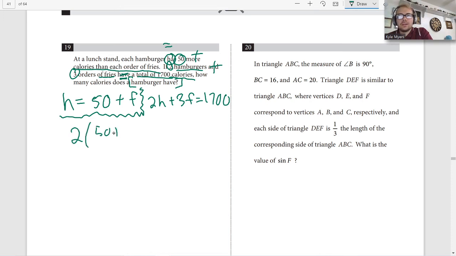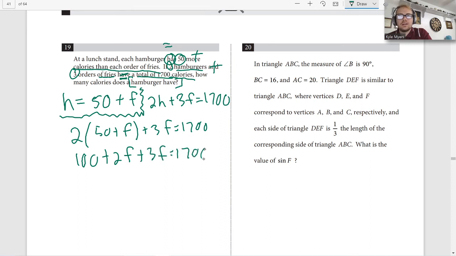2H is 50 plus F plus 3F equals 1,700. All right, so that's 100 plus 2F plus 3F equals 1,700. I'm going to go ahead and do 2 steps here to save time. Subtract 100, I get 1,600. Divide by 5. Now, the trick to dividing by 5s really quickly in your head is really cool, actually.